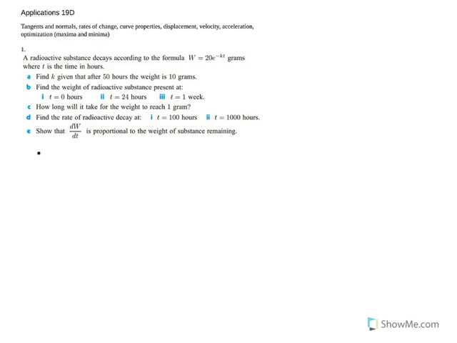So substituting in 10 for W, so 10 equals 20, e to the negative K, and then we had 50 hours times 50. So then going through and simplifying, dividing both sides by 20, we get 1/2 equals e to the negative 50K.